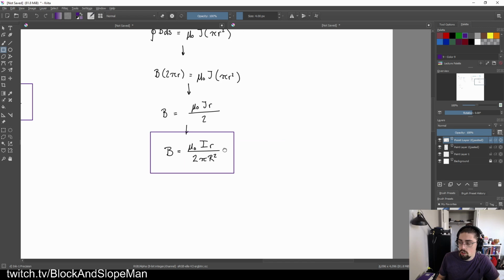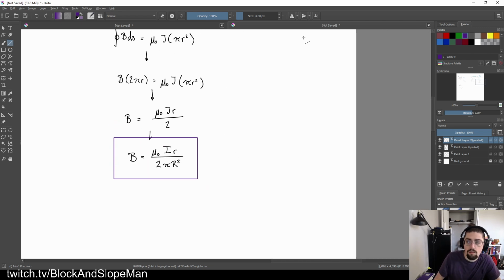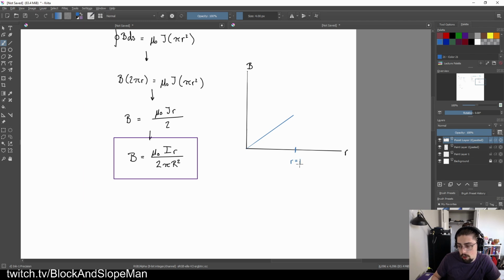This kind of result should not come as any sort of surprise. We saw the exact same thing when we did this with the electric field, right? And in fact, let's plot this out and kind of prove the point. If we are talking about the magnetic field versus the radius away from the center, then what we expect to see here is a linear relationship as we build up more and more charge until we get to a breaking point where R is equal to capital R. Now there's no more wire, no more current to pick up as we make the loop bigger, and we go back to our 1 over R kind of description.